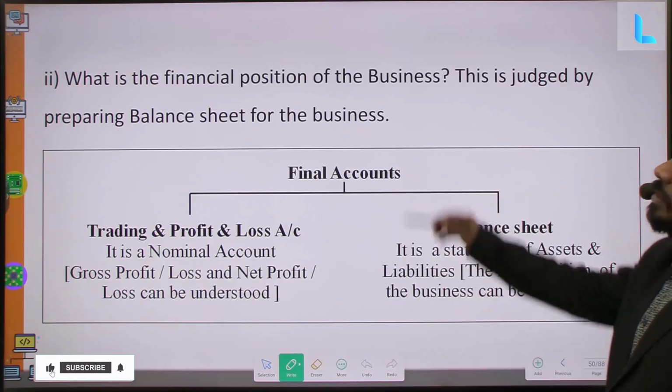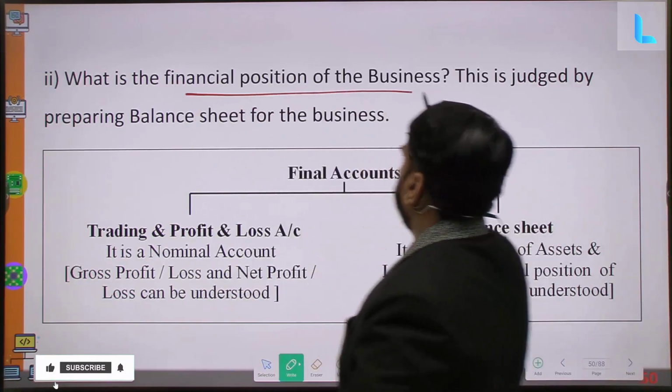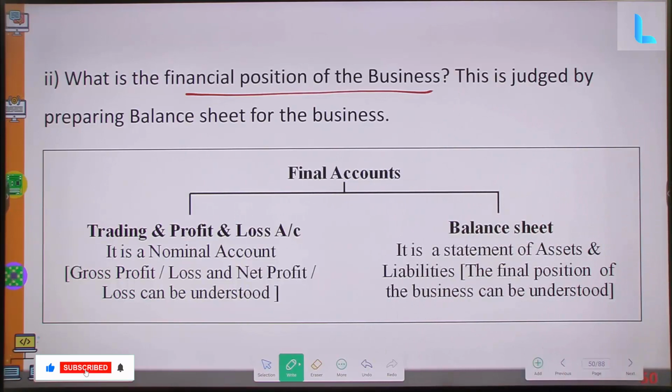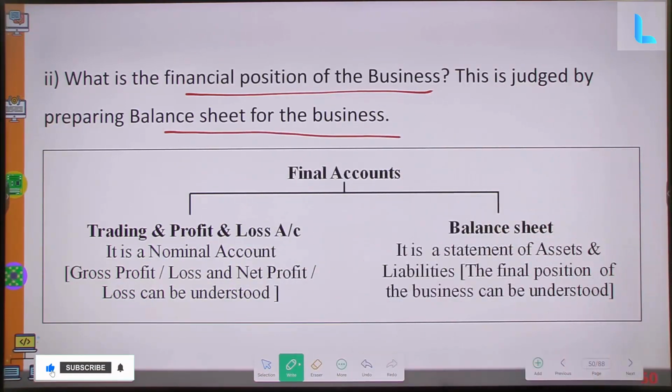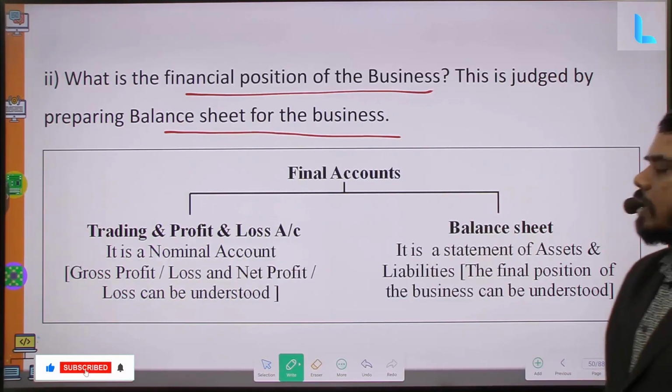What is the financial position of our business? How do we judge? We judge that by the balance sheet of our business. By referring to the balance sheet, we can find out the financial position of our company or our business.